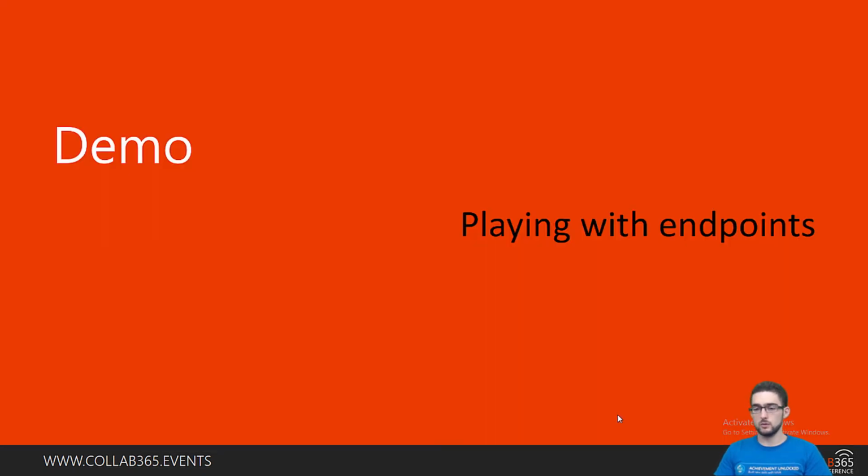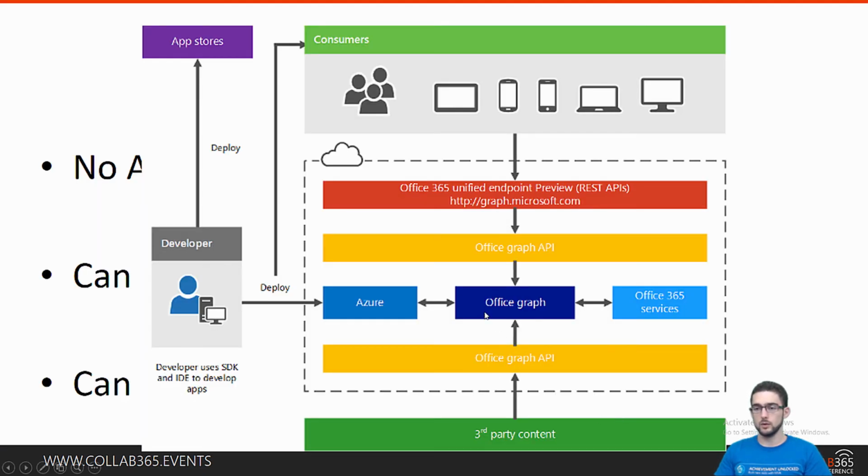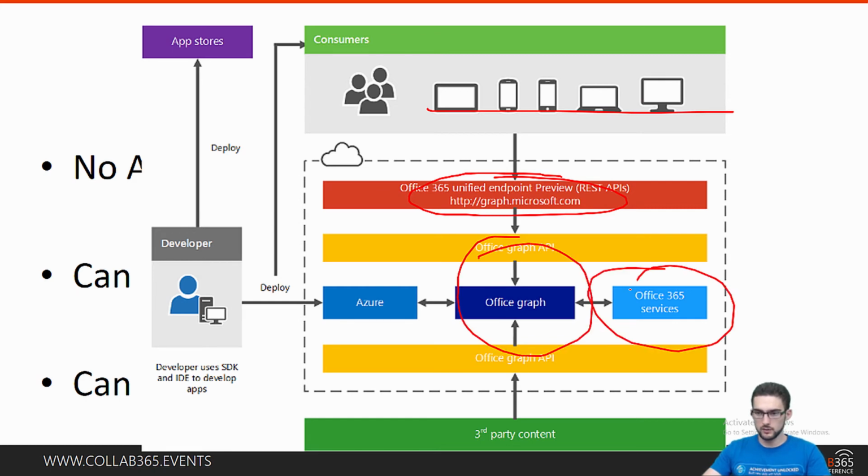So if we have a look at what we have and what we don't have, right now what we have is the graph endpoint here, which is used by consumer devices and so on, and which is connected to the Office graph and Office 365 service and Unified APIs.